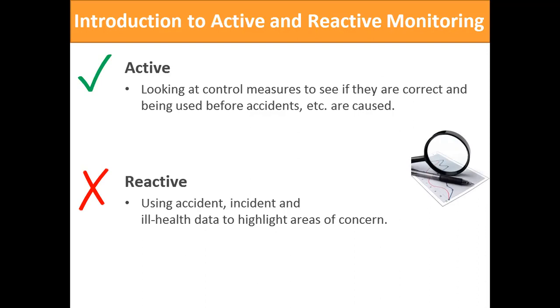In active monitoring, we look at control measures to see if they are correct and being used before an accident is caused. We check the control measures and safety precautions against the standards, whether ISO standards, OSHA standards, or whatever standard is used in the project.